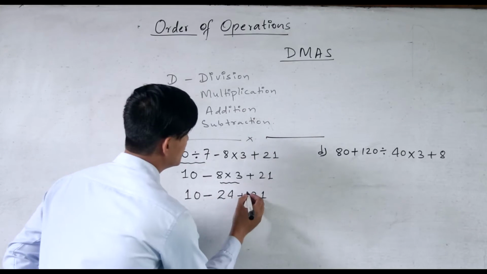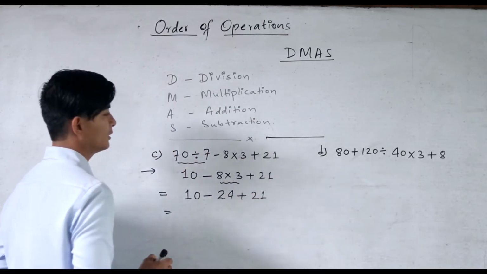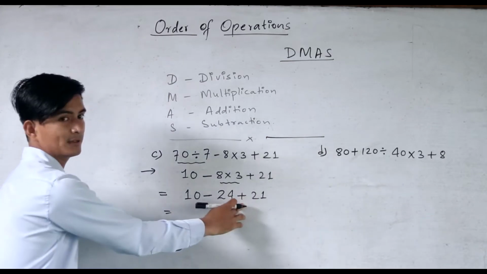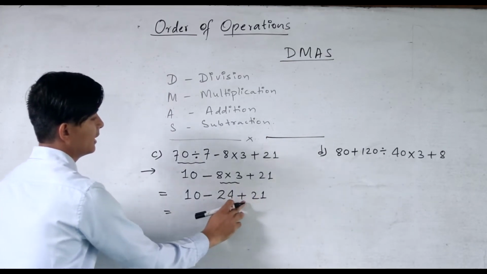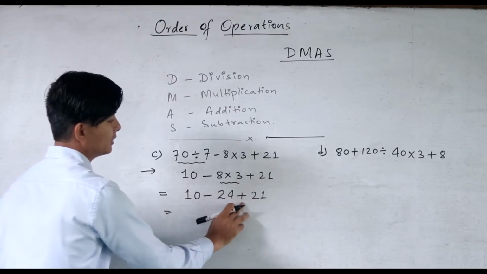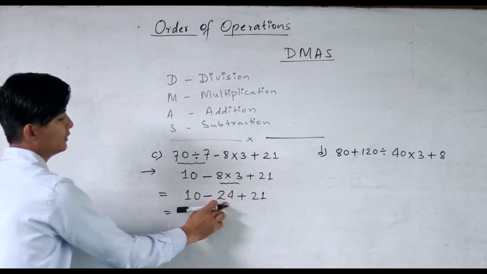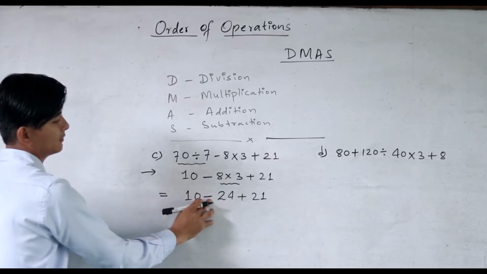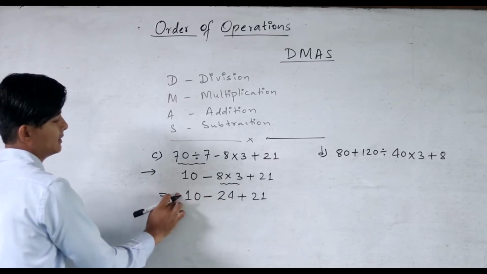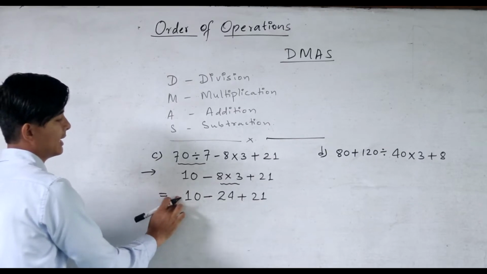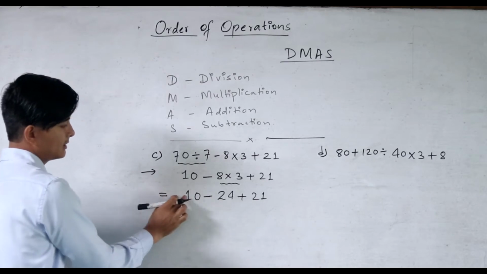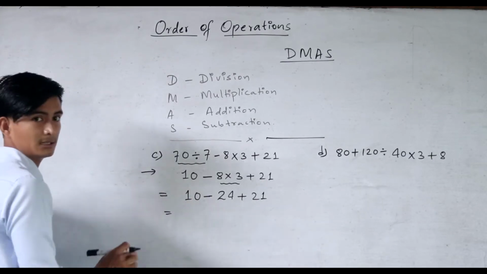We have to identify which sign each number is in by looking at the left-hand side. So 21, on its left side it is plus, so 21 is in plus sign. 24, on its left side it is minus, so 24 is in minus. 10 has nothing on its left, so it means plus.